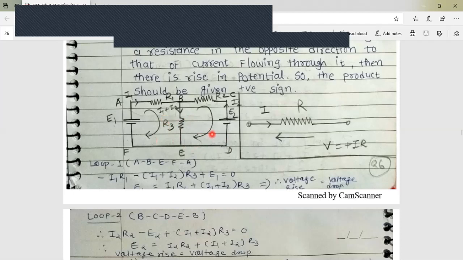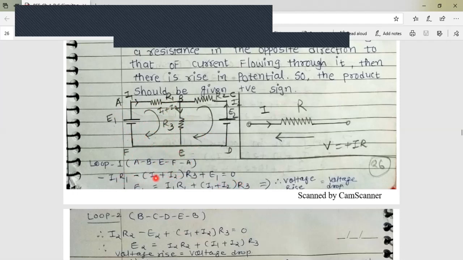Now we are going to apply Kirchhoff's voltage law in the first loop, loop 1, A, B, E, F, A. So we are starting with minus. If we are going in this direction, minus I1 R1 minus (I1 plus I2) into R3 plus E1 equals 0.